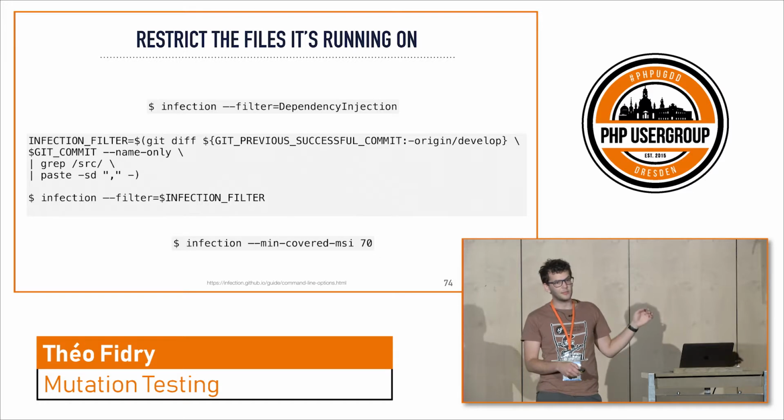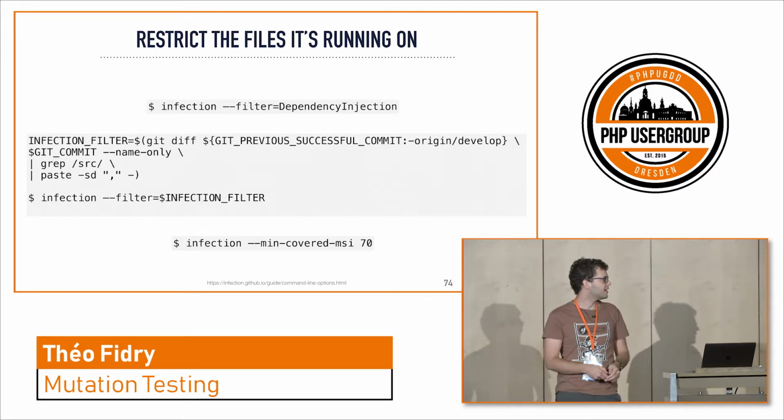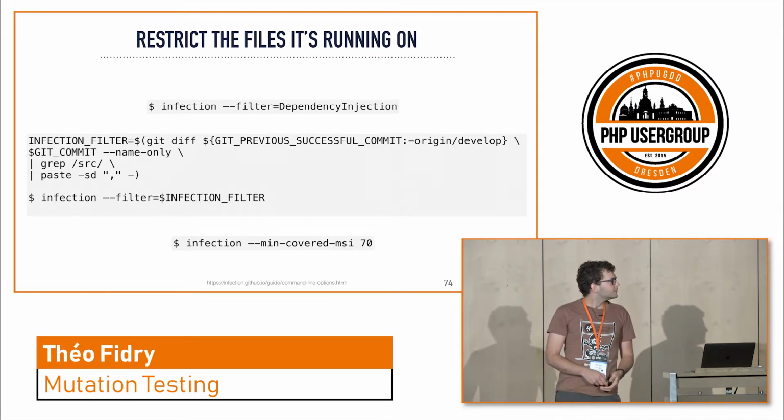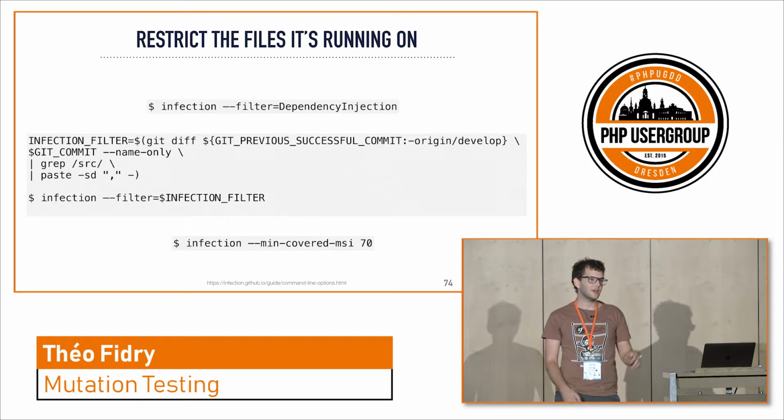So it's a bit ugly, but it's in the docs. You copy paste that, you don't have to remember it, and then you just pass it to a filter, and infection is gonna run only on those files. Another thing is you have that min covered MSI option, so that you have that score at the end, and basically with that you can tell that if the score you get is below that number, the command is gonna fail.